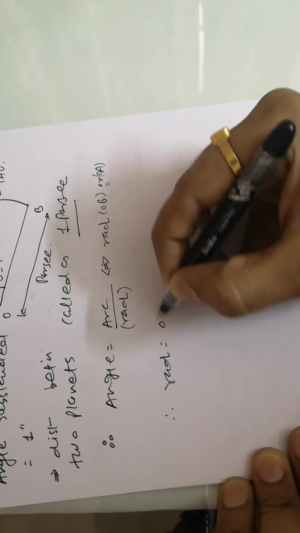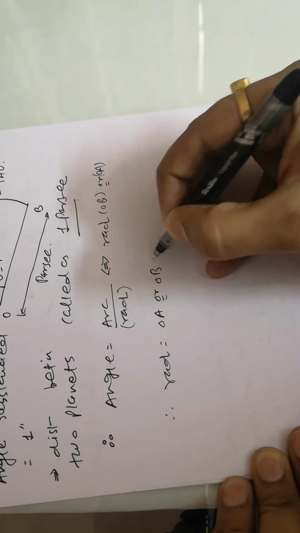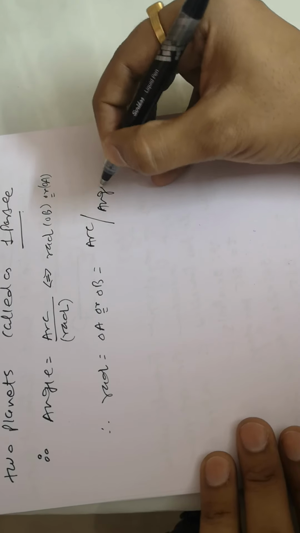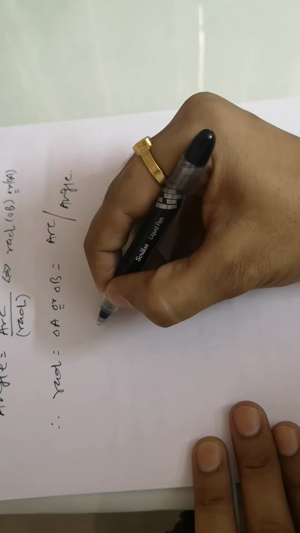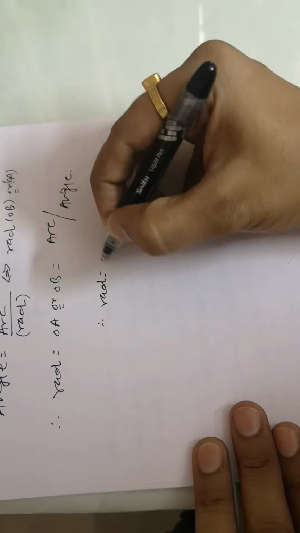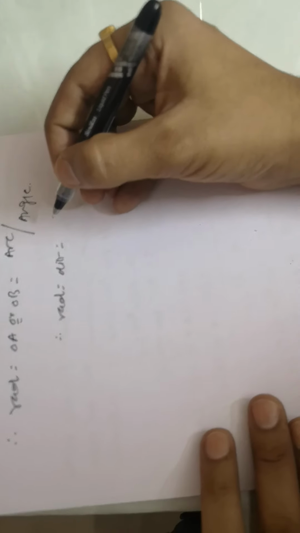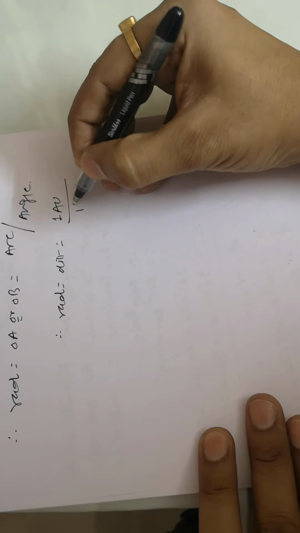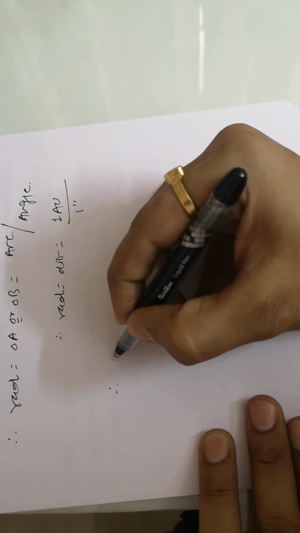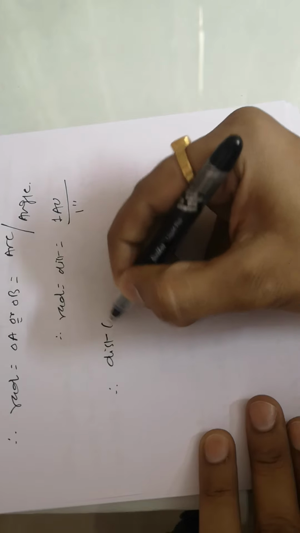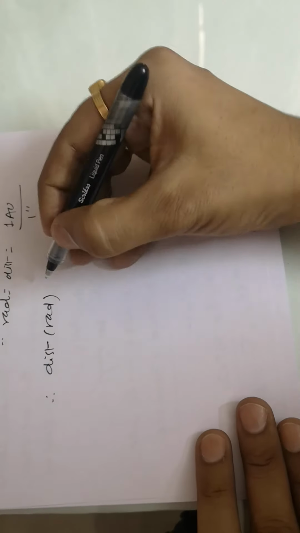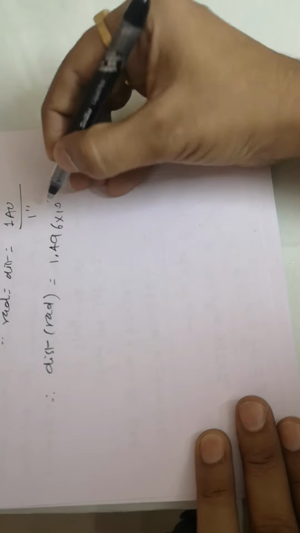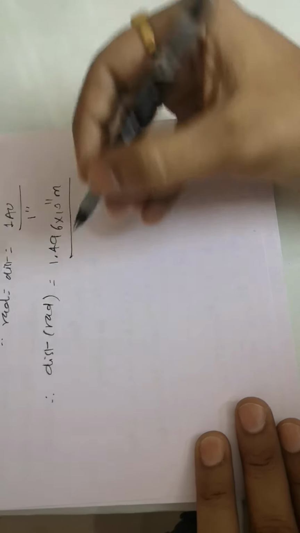My radius OA or OB equals arc divided by angle. My radius is one type of distance. My arc is 1 astronomical unit and my angle is 1 second. So the distance, or radius, is 1.496 cross 10 to the power 11 meters divided by 1 second.